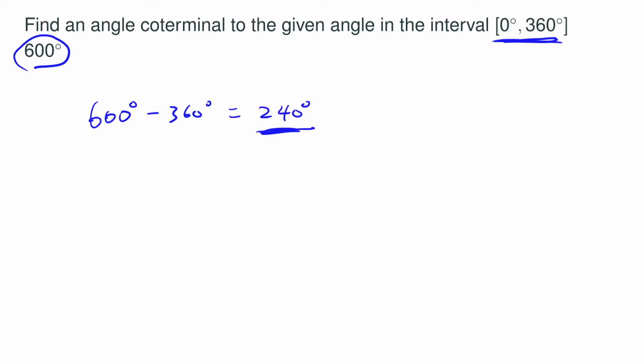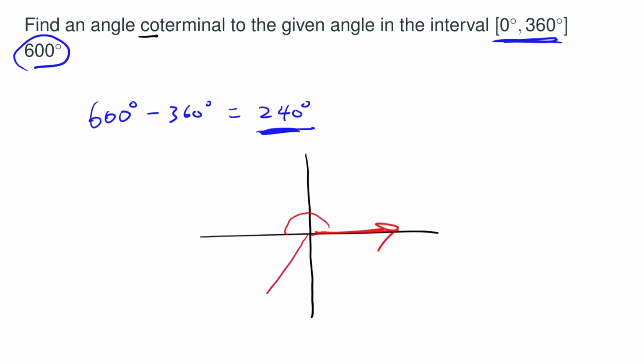And let's just try to sketch this to review the idea of coterminal. Coterminal means it shares the terminal side. So for example, 240 degrees, let's start from here, is 180, and 240 goes 60 more. It's right here. This is 240 degrees. Whereas 600 also starts from here.